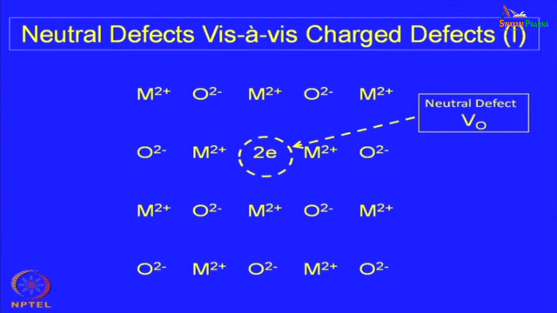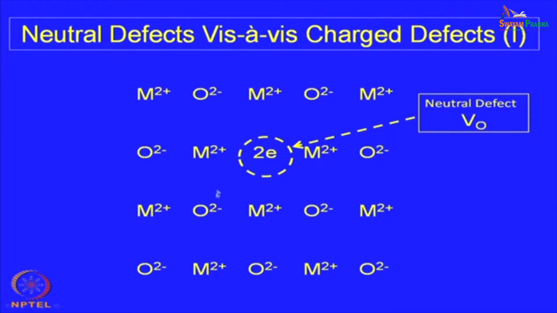Then, since we are talking about ionic solids, oxides, we have ions, these are not metals. Okay. Metals also have similar situations, only they do not have charged species, they are neutral species. So, their things are slightly different, but when we are talking about ionic solids, we are considering two different ions, and therefore we have a situation where they can be either charged or neutral.